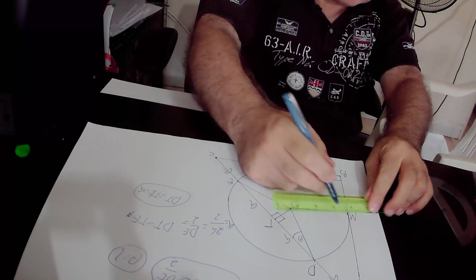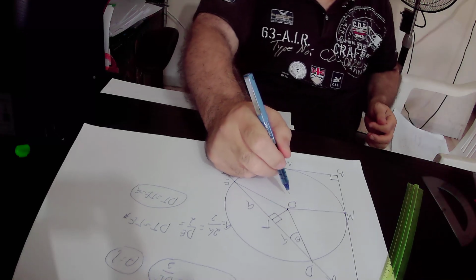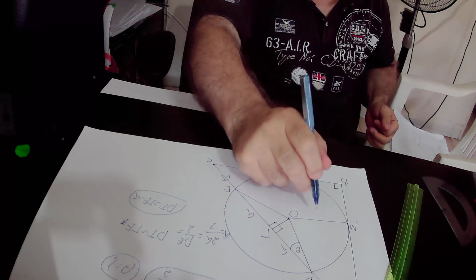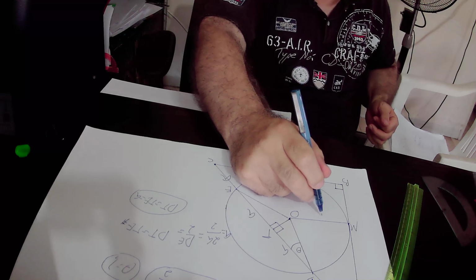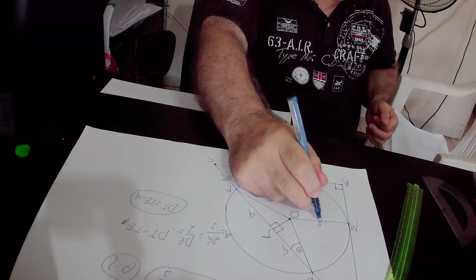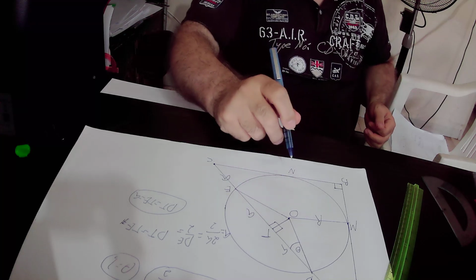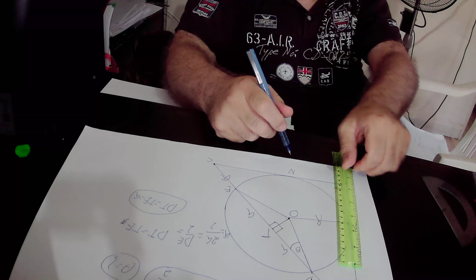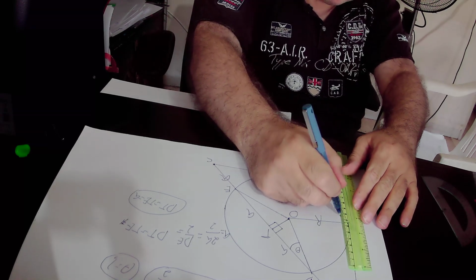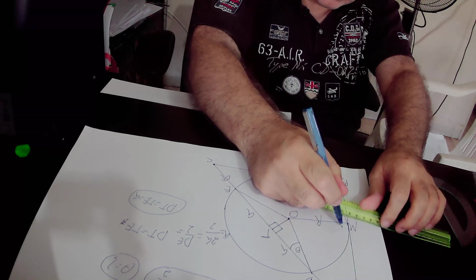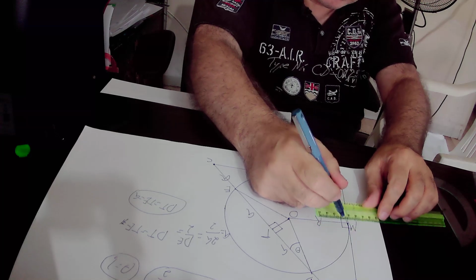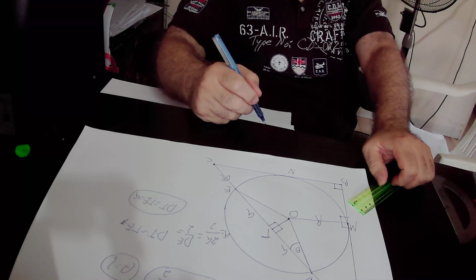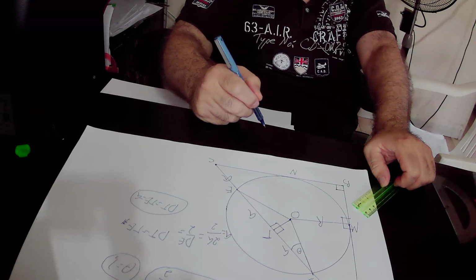Point O is the center of the circle, point M is a point on the circle itself, therefore OM is the radius of this circle, so we define the radius as R, therefore OM equals R. And we have the radius OM drawn to the point of tangency, therefore this angle equals 90 degrees, and this angle will also equal 90 degrees according to rule number 1: a tangent to a circle is perpendicular to the radius drawn to its point of tangency.